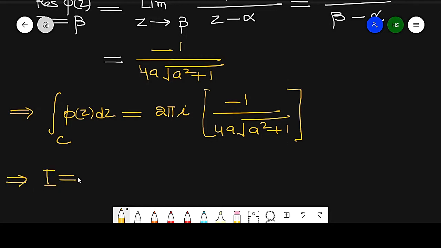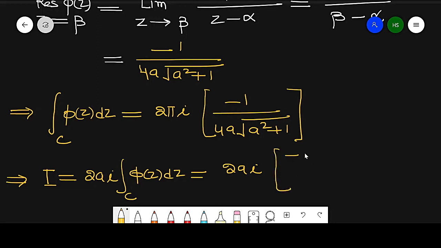So what is I? I is equal to 2a iota times the integration over C of phi z dz. Just substitute these values. So we get 2a iota times minus 2 pi iota over 4a into the square root of a square plus 1.